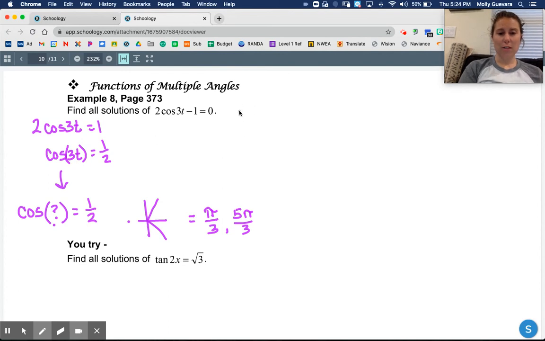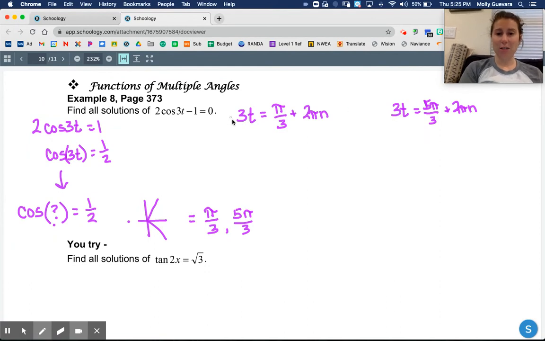So this tells me that 3t has to be equal to pi over 3 plus 2 pi n, and 3t has to be equal to 5 pi over 3 plus 2 pi n, right? Because those are the two angles that cosine of some angle is 1/2. And these are the two angles that fit. But it's not just cosine of x, it's cosine of 3t.